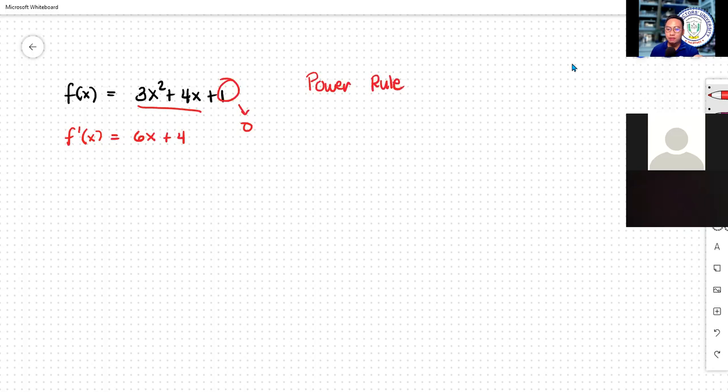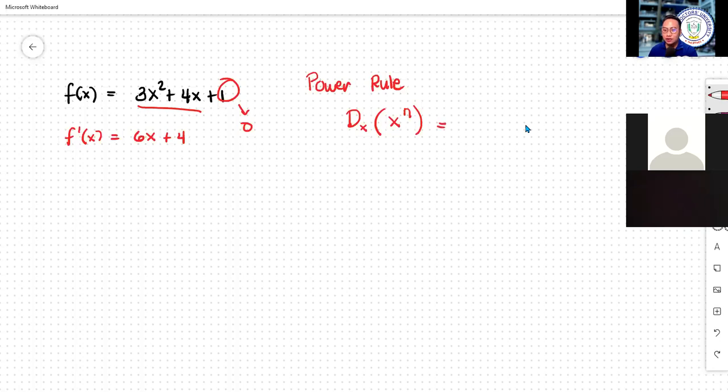So the power rule says, most of the books, guys, are using this notation. You're getting the derivative of x to the power of n, where n is not equal to negative 1, so that you don't end up with a zero denominator.